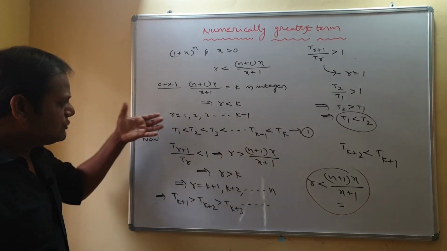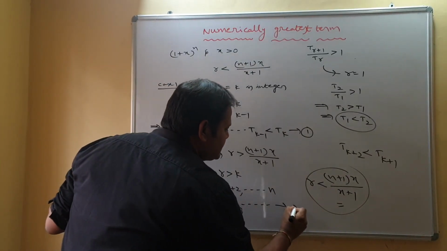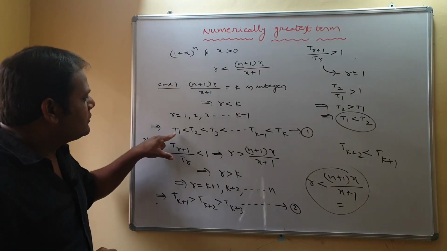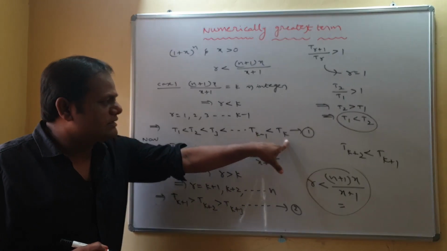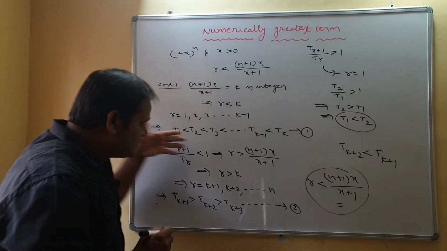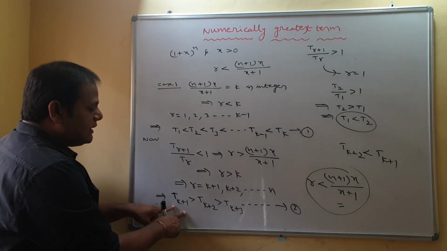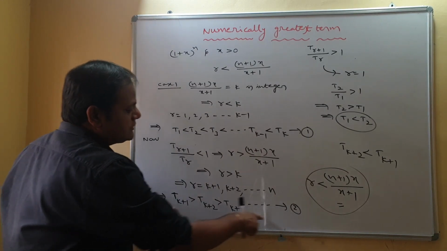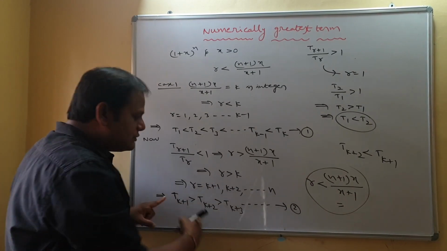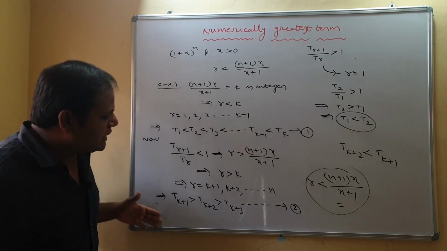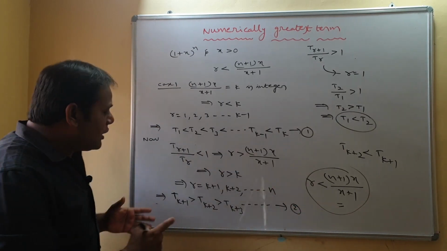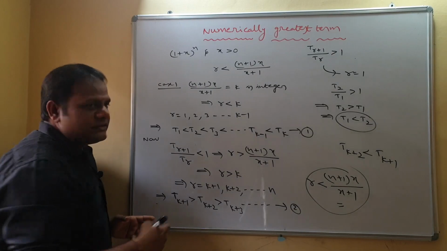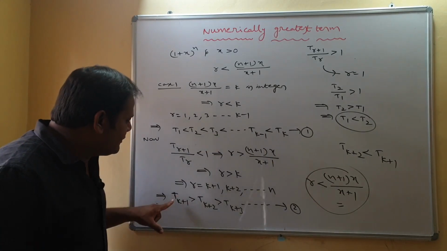So already we got t1 less than t2 less than, and so on, less than tk. The terms increase, and t(k plus 1) is greater than t(k plus 2), and so on till the end. So the terms decrease. Now we have to verify the relation between tk and t(k plus 1).